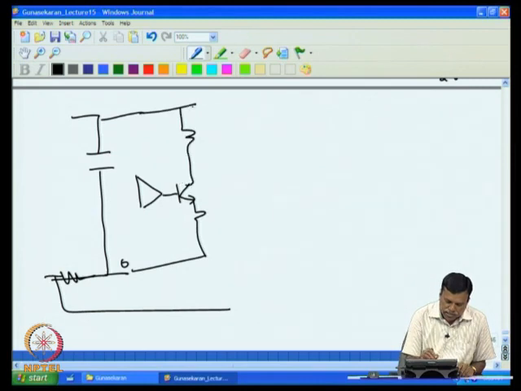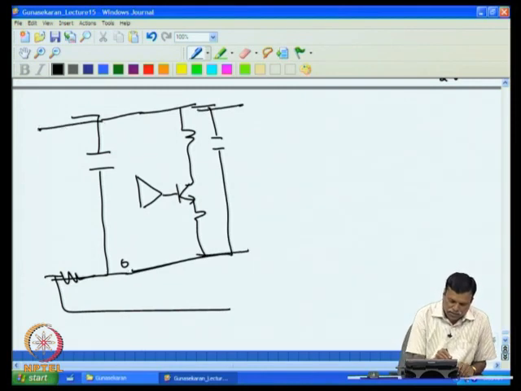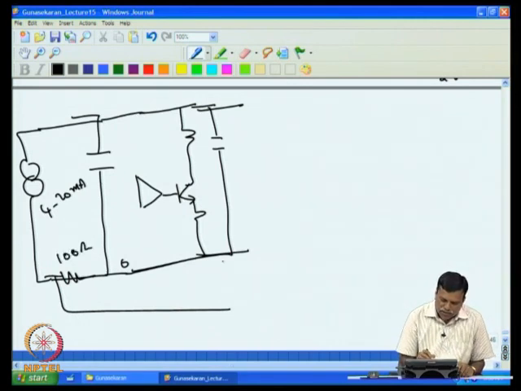Then we have one more capacitor, if we want to avoid the oscillation. So this is your 4-20 milliampere current, and this is the resistance. Say here we have 100 ohms. So this is our ground.